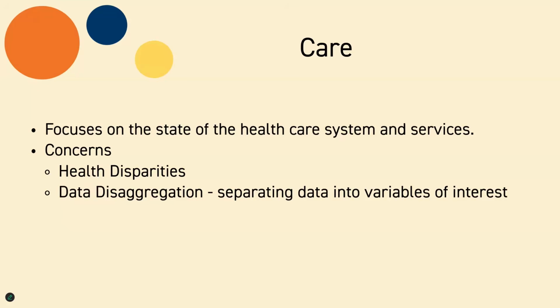So when you're doing that research on care, you have to make note of any health disparities that might be affecting the results and the numbers and information that you're getting. It also, due to health disparities, may be that you cannot find a lot of information about a particular population in their care.